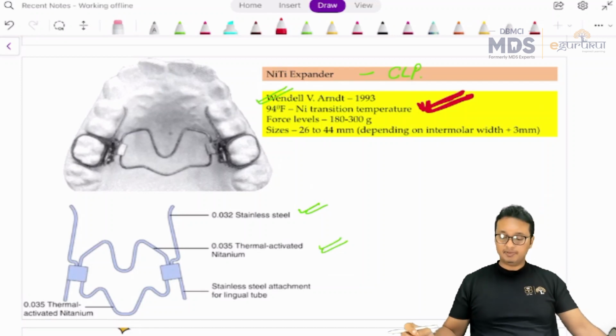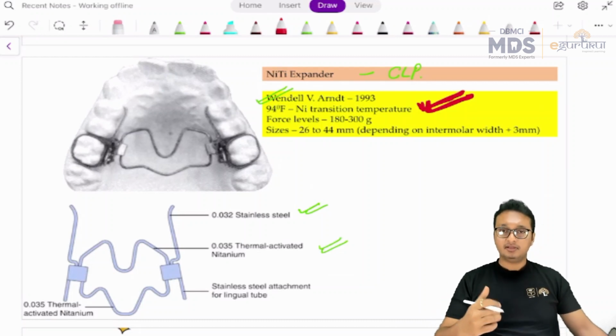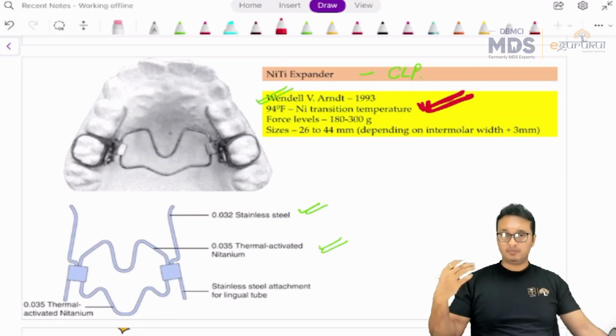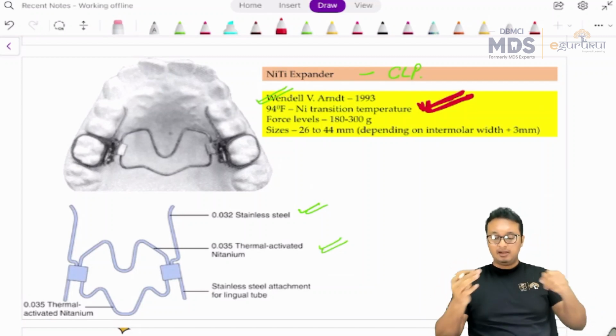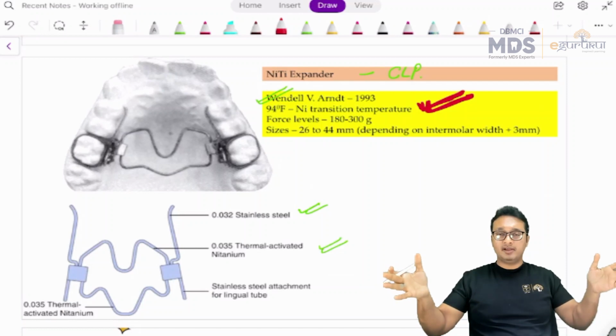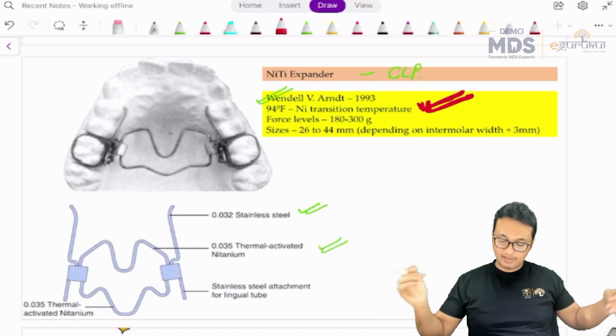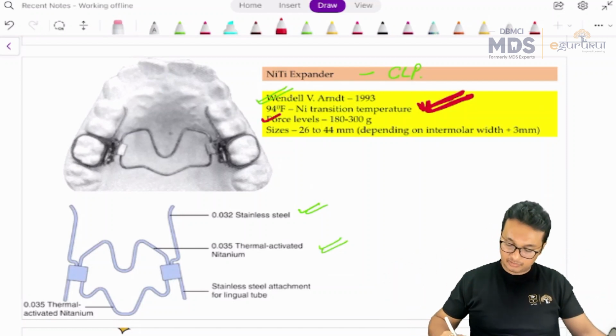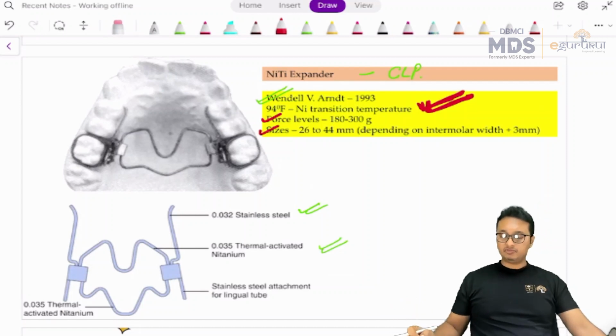So what happens whenever this appliance is inserted into the mouth of the patient, the heat activates this copper NiTi and it allows expansion of the copper NiTi wire into a transverse direction. So force levels are 180 to 300 grams, and there are different sizes available, which ranges from 26 to 44 millimeters, and which has to be selected depending on the intermolar width, right?